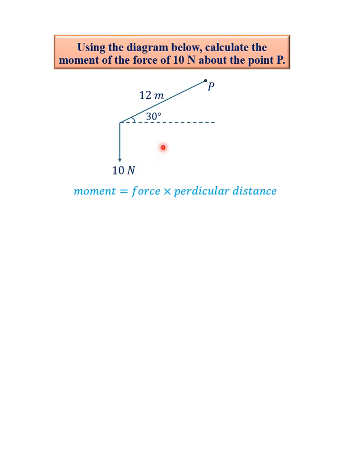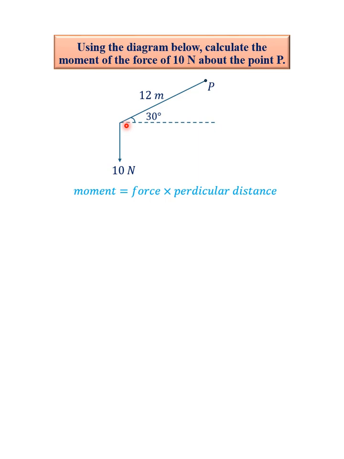This is what I mean. If you look at this distance of 12 meters and this 30 degrees angle, the adjacent side of the triangle that could be formed from this is the horizontal component that is perpendicular to this force. So we are just going to resolve the 12 meters to the horizontal component.